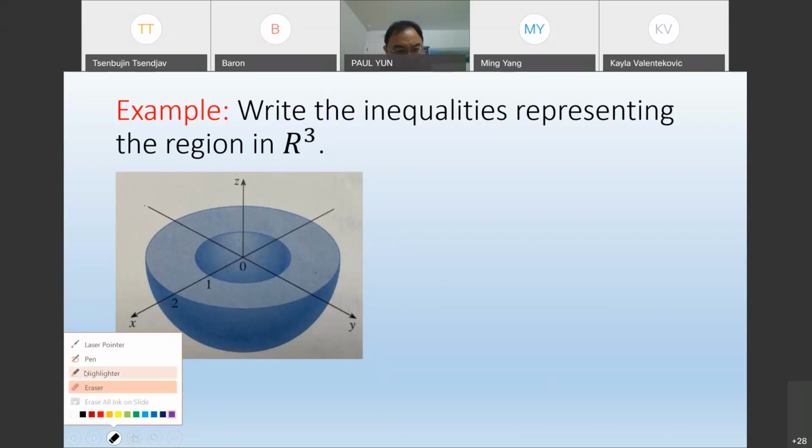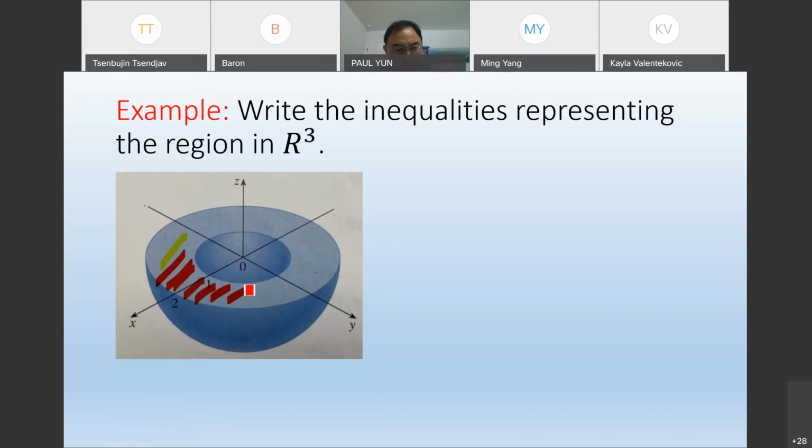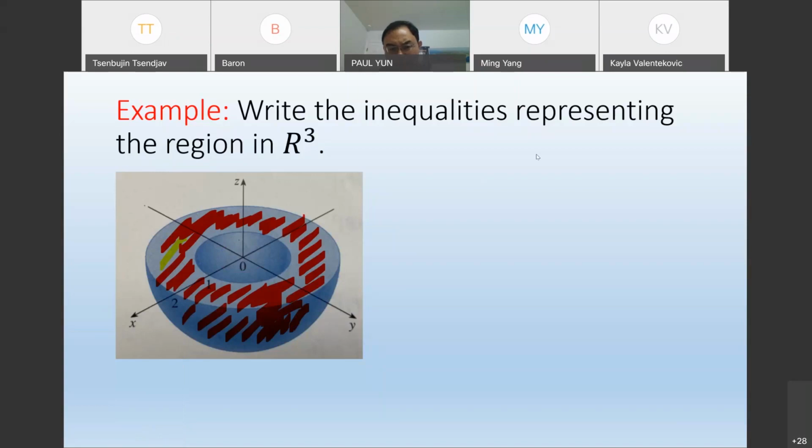Let's get a better pen color. Let's describe the points satisfying this condition. What are those? This shape.